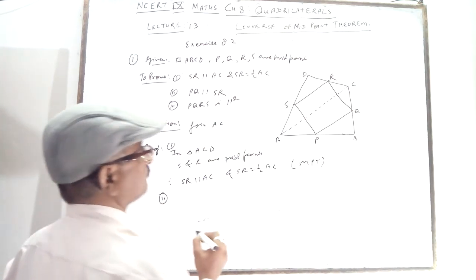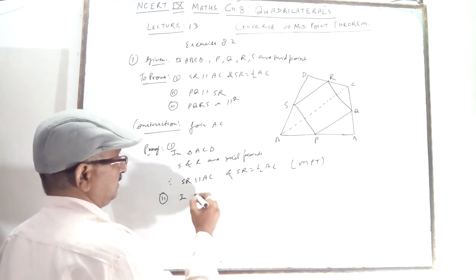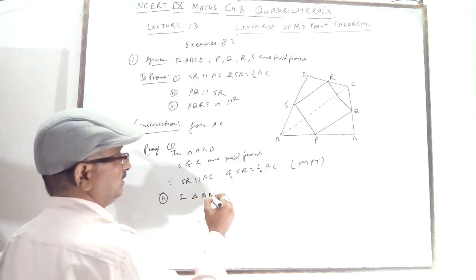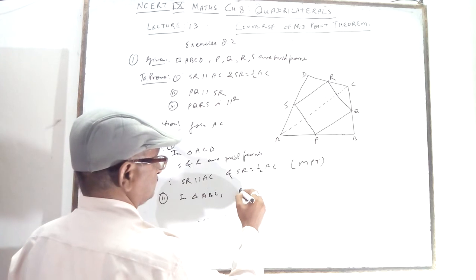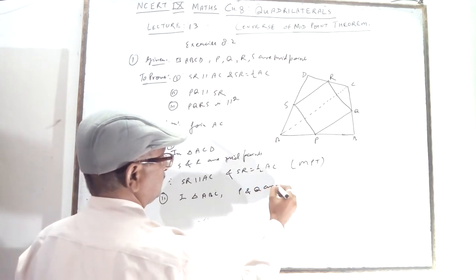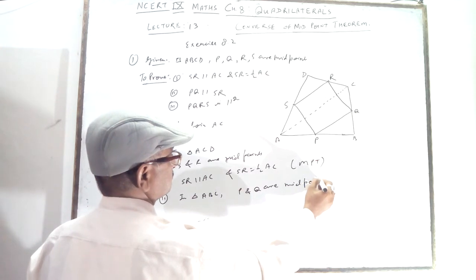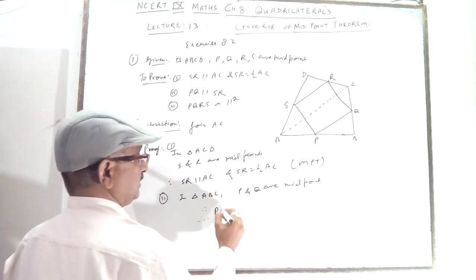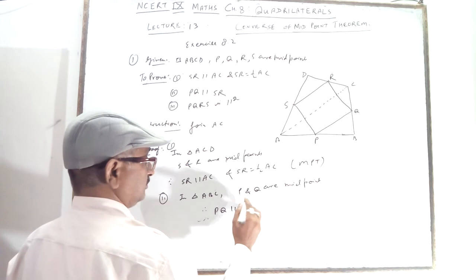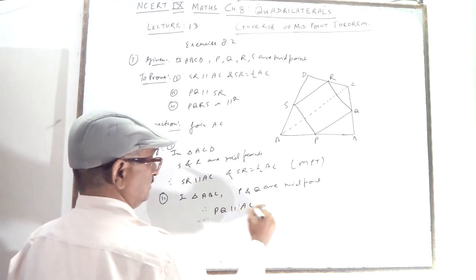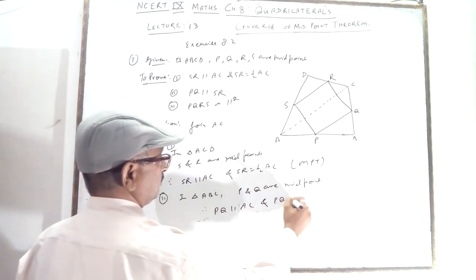Second one. In triangle ABC, P and Q are midpoints. Therefore, PQ is parallel to AC and PQ is equal to half AC.